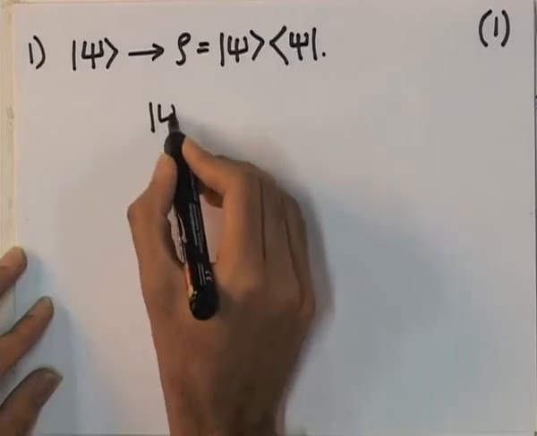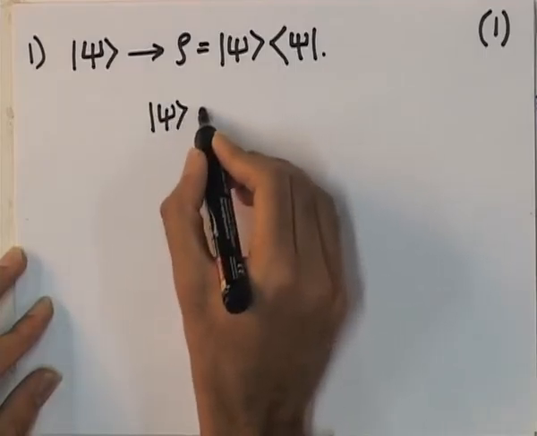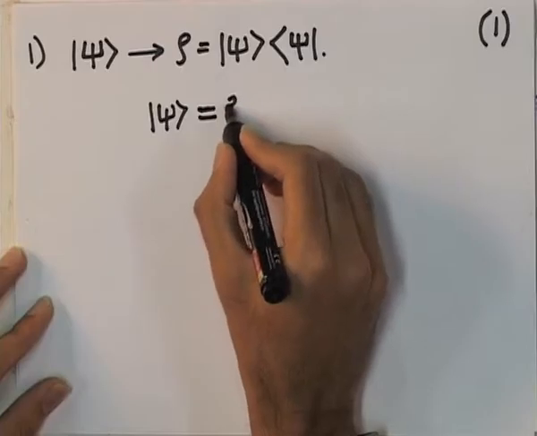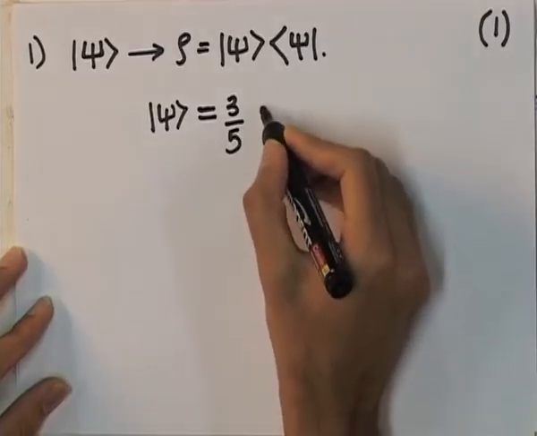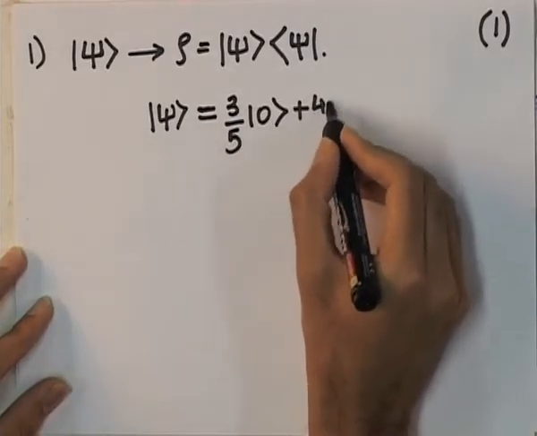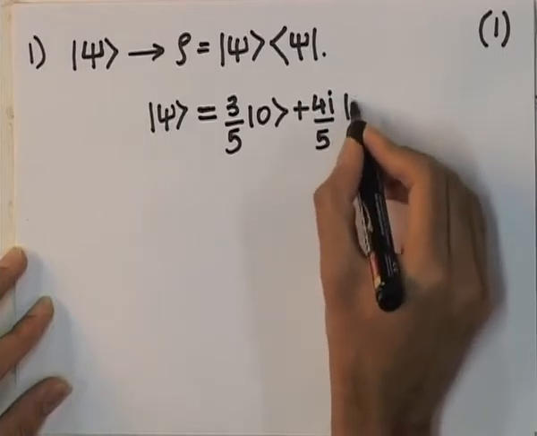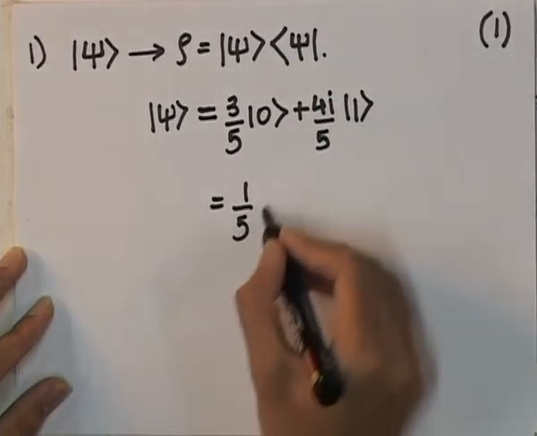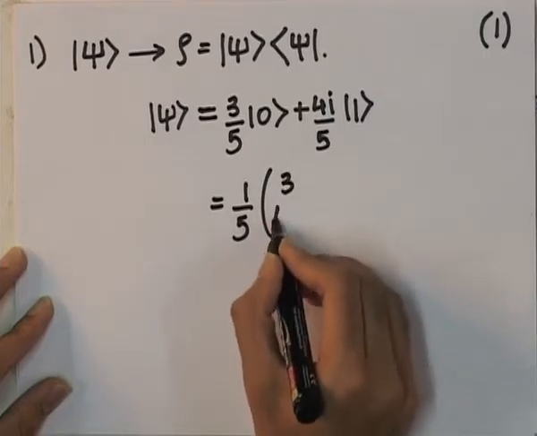The given state psi can be represented in the matrix notation by this. One by 5 times 3 and 4i.